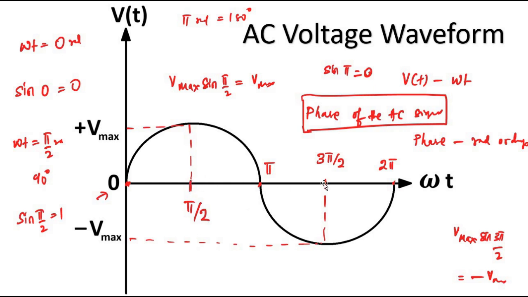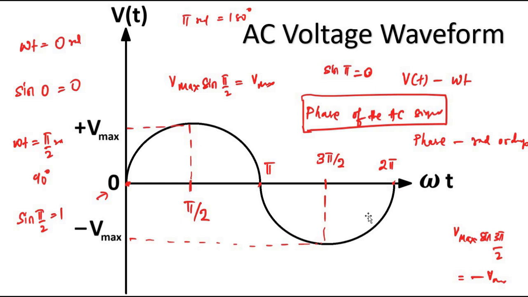Similarly, what is the phase of the negative peak? So the phase of the negative peak is 3 pi by 2 radian or minus 270 degree. Okay, so this is the important thing related to phase.